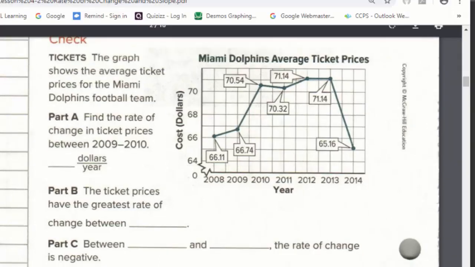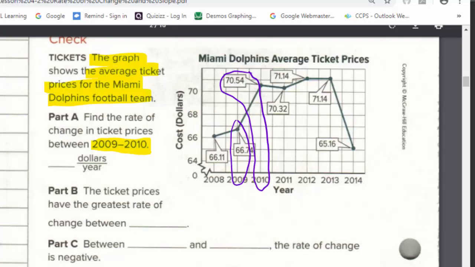All right, for the check, they're telling us that the graph shows the average ticket price of Miami Dolphins football team. Find the rate of change in the ticket prices from 2009 to 2010. That's just 1 year. So 2009 is going to be the 2009 and the 66.74, and 2010 is going to be these values right here, 2010 and 70.54.